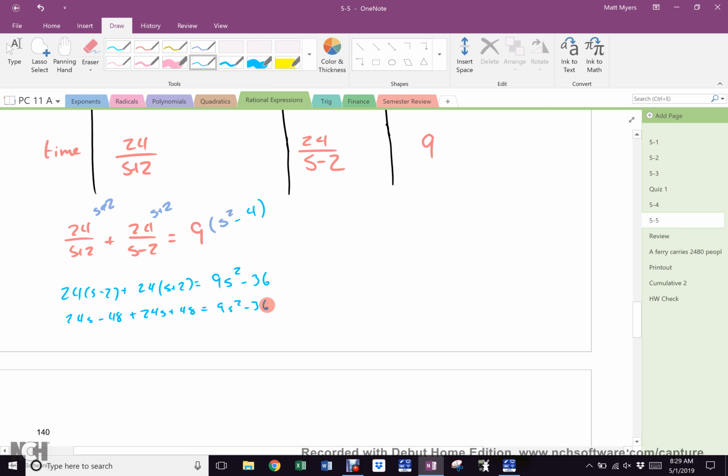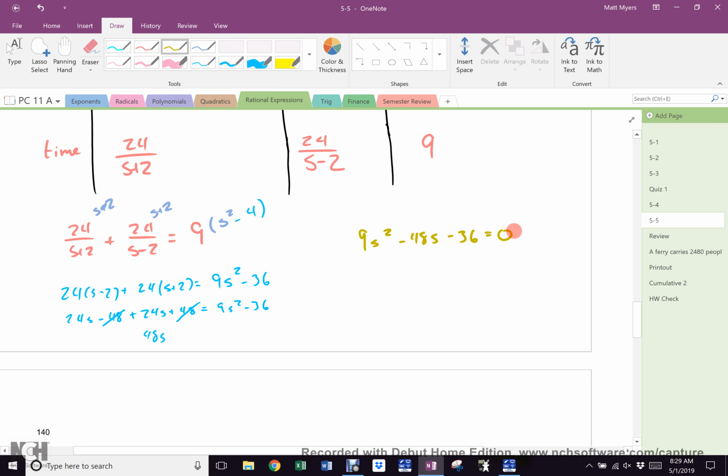Now what do we do? Collect like terms. 48s are gone. 24 and 24 is what? 48s. Bring that over to get what? 9s squared minus 48s minus 36 equals what? 0.